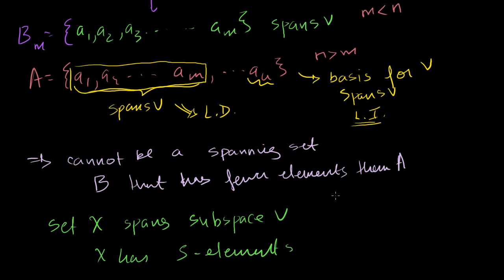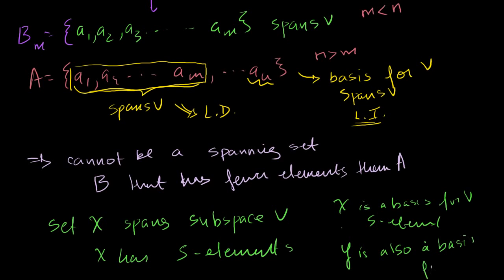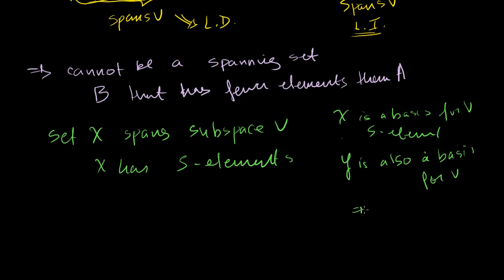Even better, if I told you that X is a basis for V, and it has 5 elements, and Y is another basis, my handwriting's degrading, let me write it a little nicer, Y is also a basis for V, you know that Y also has to have exactly 5 elements.